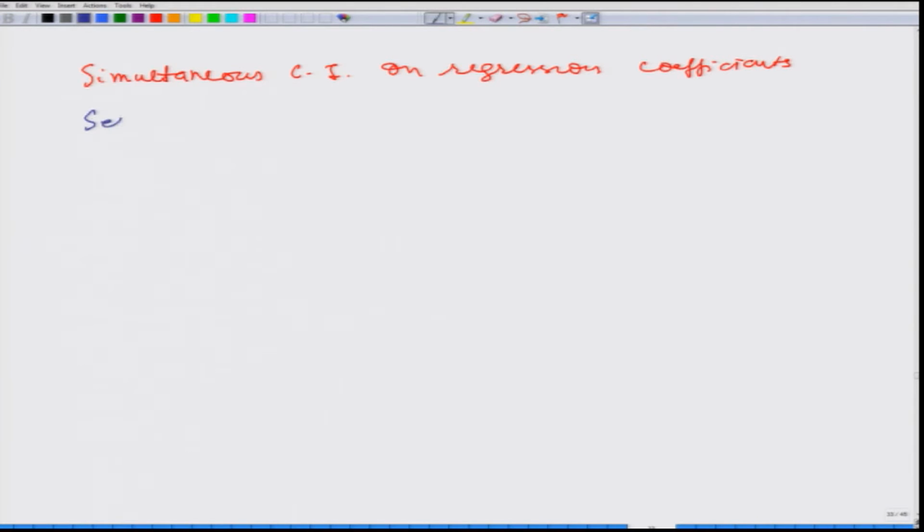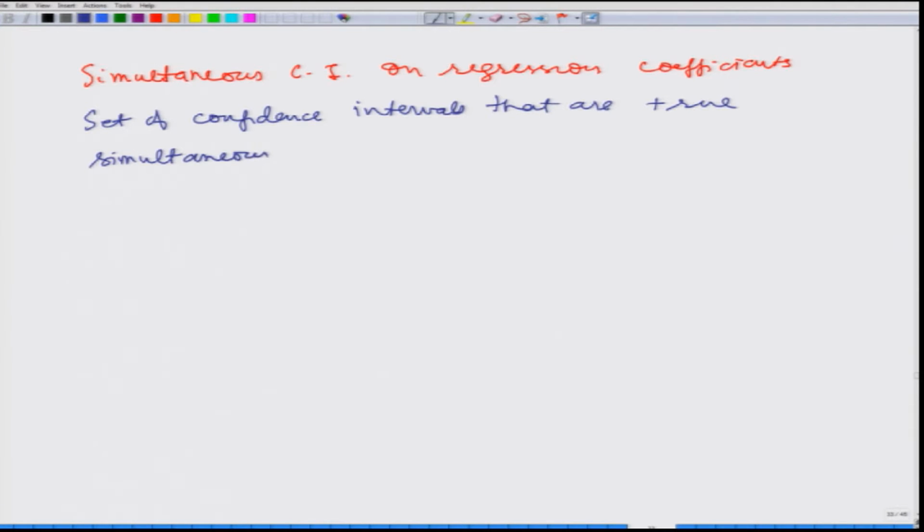So, this is actually a set of confidence intervals that are true simultaneously with probability 1 minus alpha, right. Okay. So, they are also called joint confidence intervals.